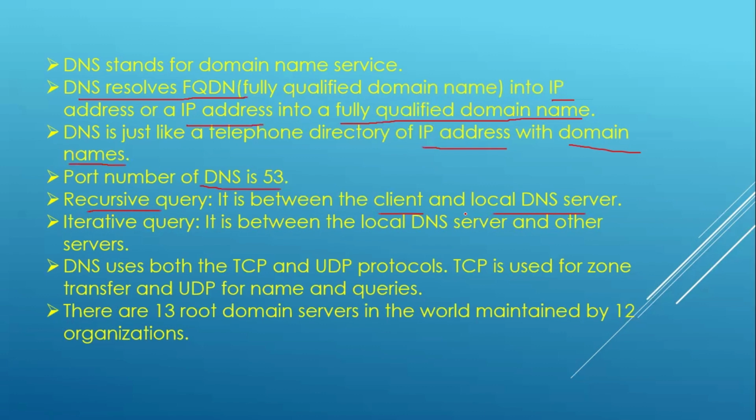Let's say I want to access a website. It could be, for example, Instagram.com. So I just open a web browser and type in Instagram.com. What happens is, if the local DNS server has the older cache memory of that particular website, it can access the IP address of Instagram.com and we can log into that page.